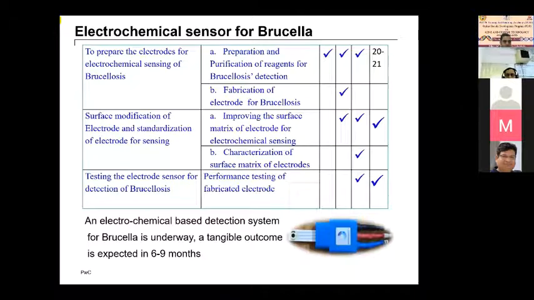Under this CAST program, we are developing an electrochemical sensor for Brucella, which is right now underway, and we have been successful in immobilizing the LPS, which is lipopolysaccharide. Till now, we were immobilizing protein molecules, which have carboxylic or NH2 groups.